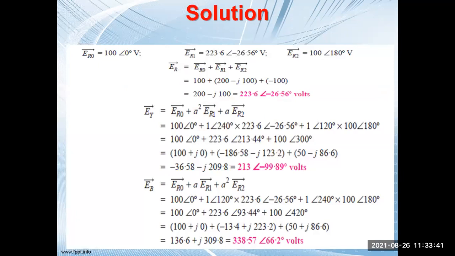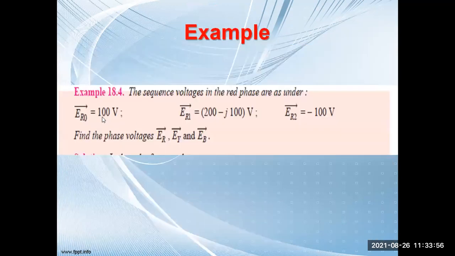Now, how to solve this problem? So we know that the red phase voltage ER is equal to ER0 plus ER1 plus ER2. ER0, ER1 and ER2, all these values are given. So here you see this is 100 angle 0. Here it is given in xy form, that is Cartesian coordinate form, so you need to convert it into r theta form.